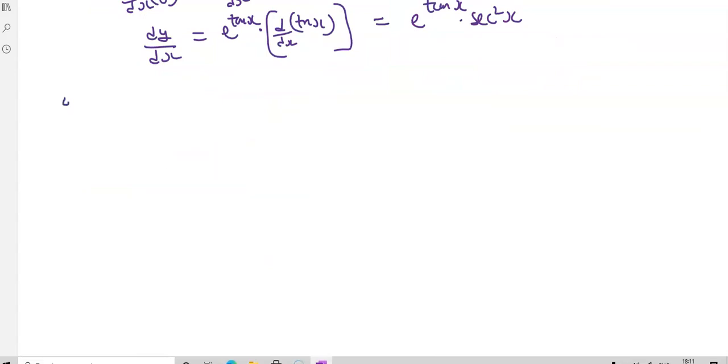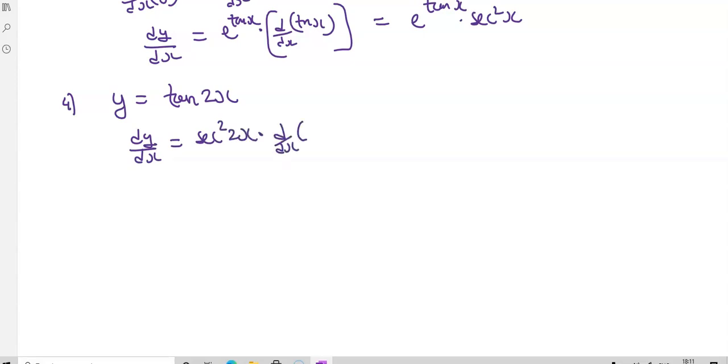Similarly, if I have a question like y is equal to tan 2x, dy by dx, in simplicity I can say whatever is the coefficient of x, we need to multiply with the derivative of that particular function.